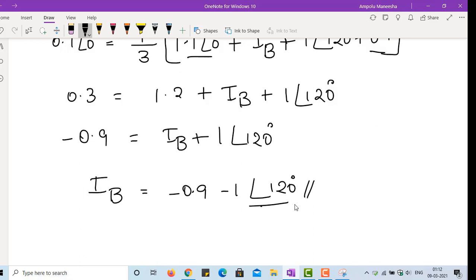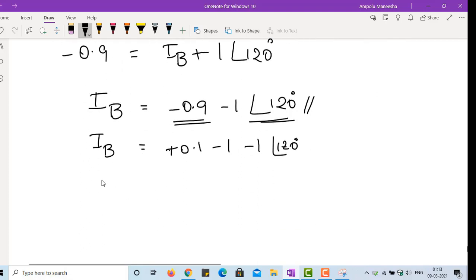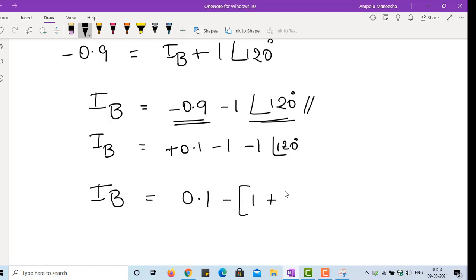Since it is not there in the options, we need to convert further. Minus 0.9 we can write as plus 0.1 minus 1. So, IB is equal to 0.1 minus of 1 plus 1 at an angle 120 degrees.